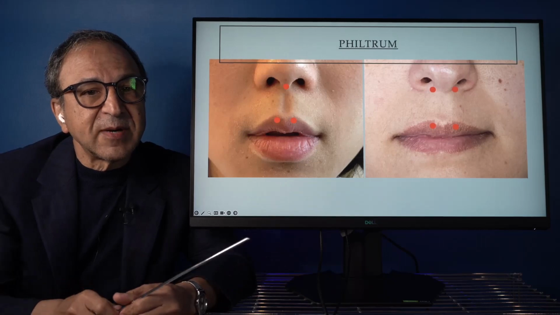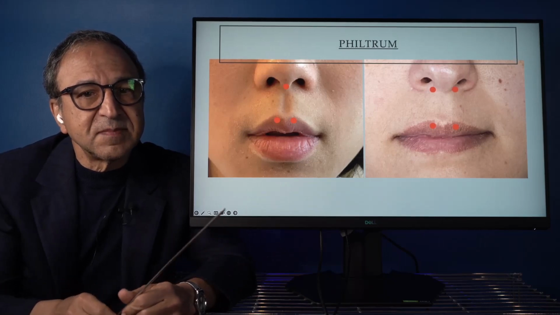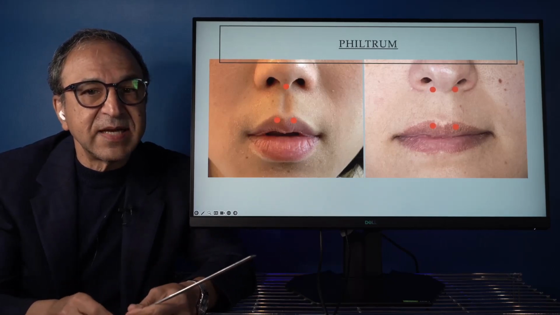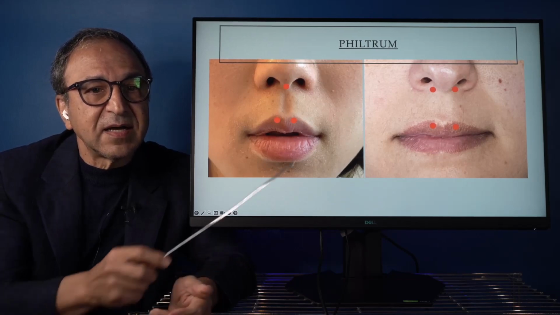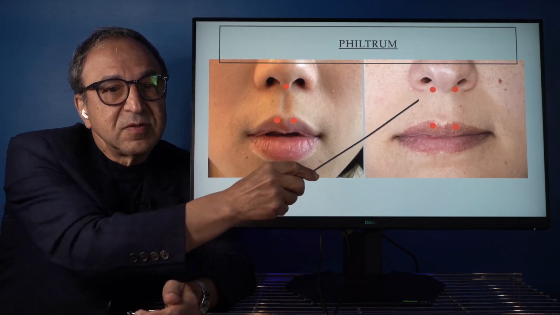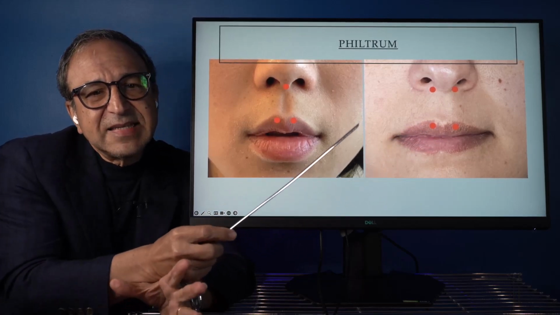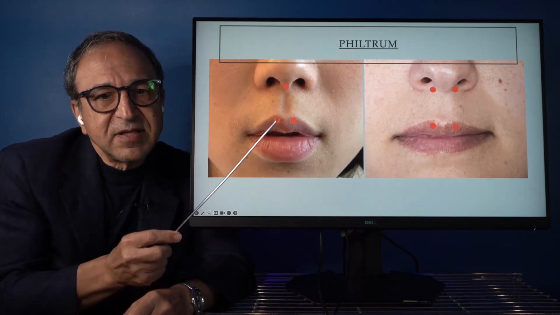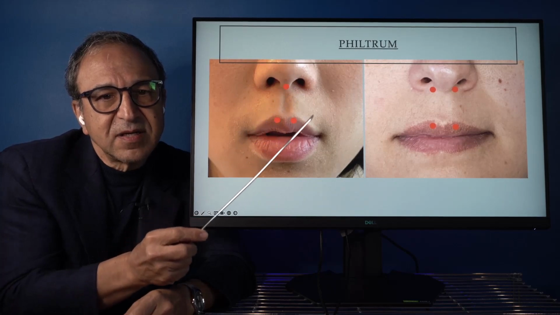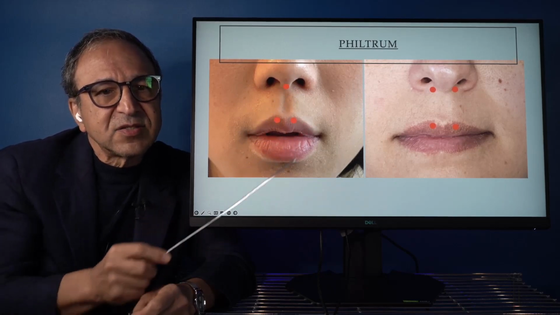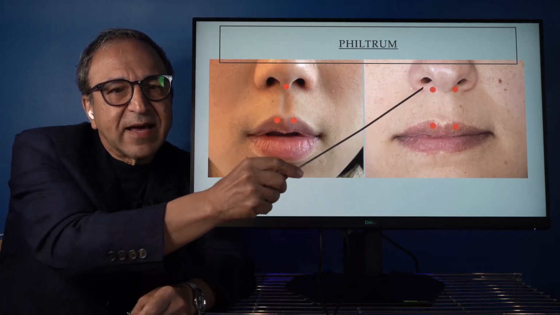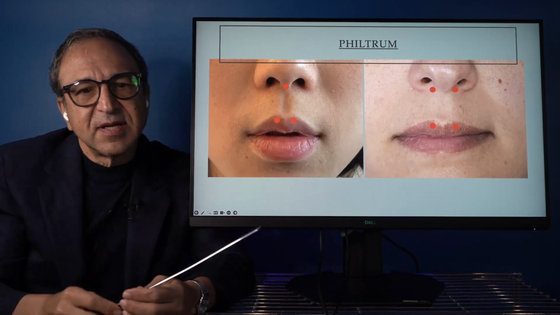Now we're going to talk about the philtrum. The philtrum usually comes from the edges of the columella down to the apex of the Cupid's bow, and it's different, right? Some patients are going to have a little bit more of a triangular philtrum, and some patients have more of a quadrilateral or more like a rectangle.